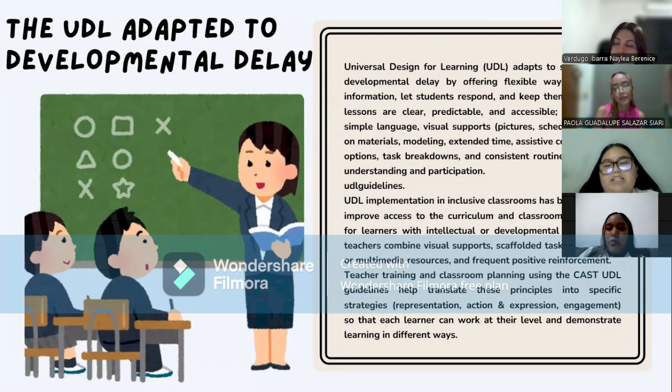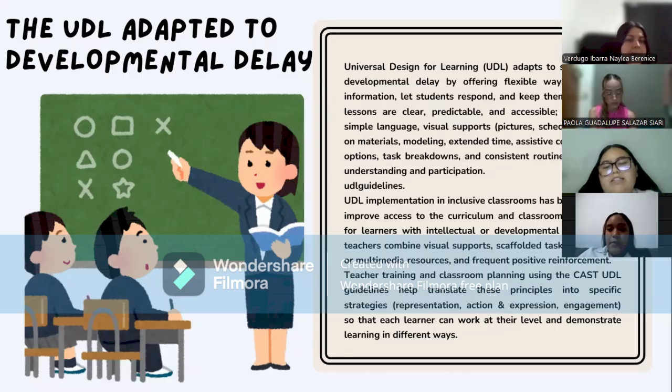UDL implementation in inclusive classrooms has been shown to improve access to the curriculum and classroom engagement for learners with intellectual or developmental delays when teachers combine visual supports, scaffolded tasks, technology, or multiple resources, and frequent positive reinforcement.